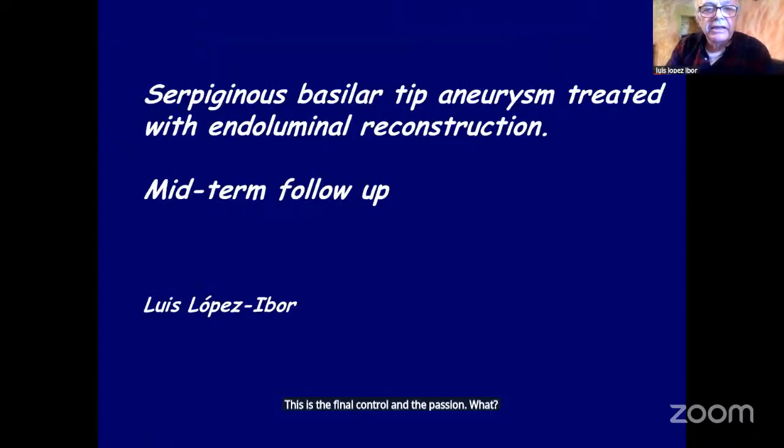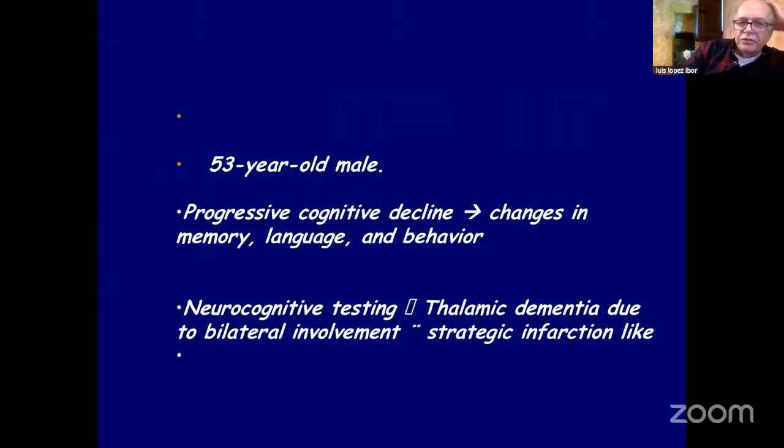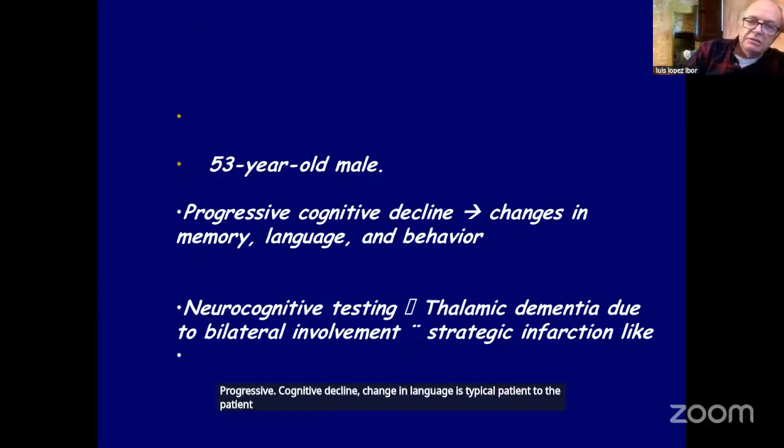The last case is one where I think Jacques knows the beginning of this case, but doesn't know the final. It's a 53-year-old man with clinical dementia, thalamic dementia, progressive cognitive decline, change in language. It's a typical patient for the expert neurologist.